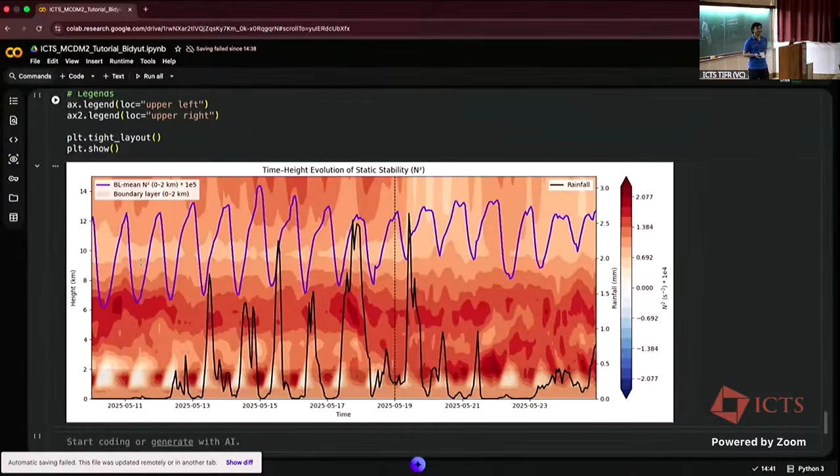So the precipitation peak, if you notice, probably I should have plotted the blue line slightly below, then it would have been easier. But nonetheless, these peaks help us see that the precipitation peak appears after the dip in the Brunt-Vaisala frequency.